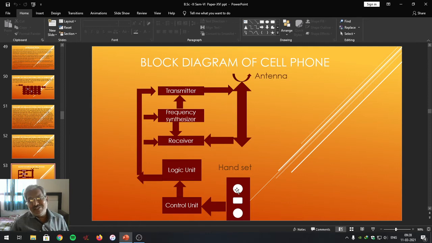If you look at a handset personally in front of you, it carries the keyboard by using which you can dial the number, you can perform any procedure. It has a mic as a transmitter, and it has a speaker which is going to act as a receiver.